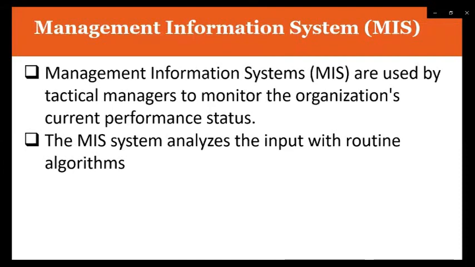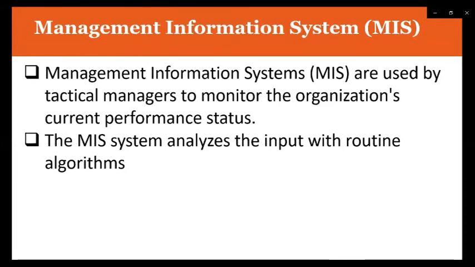And then we have the management information system, used by the tactical managers to monitor the organization's current performance. So the MIS analyzes the input with routine algorithms. For example, it aggregates, compares, and summarizes the results to produce reports that tactical managers use to monitor, control, and predict future performance.